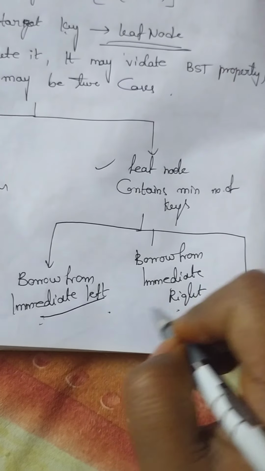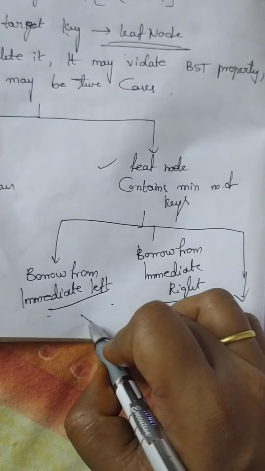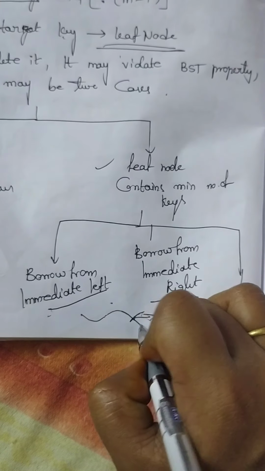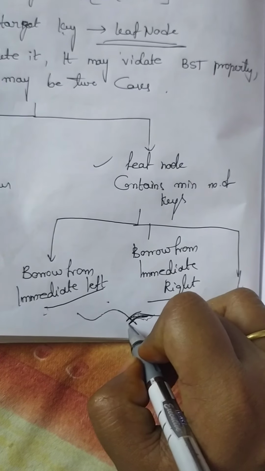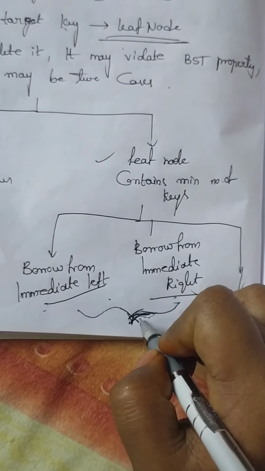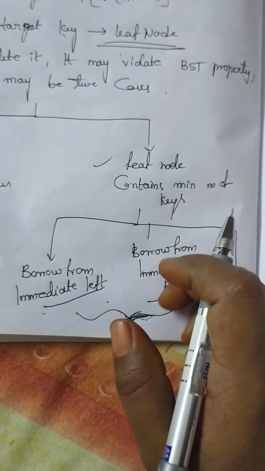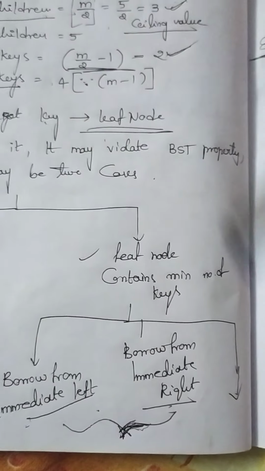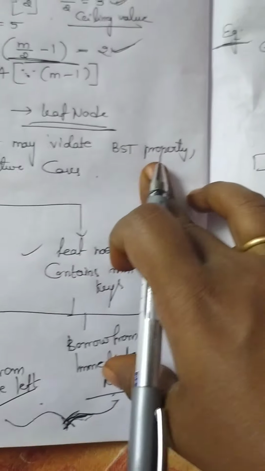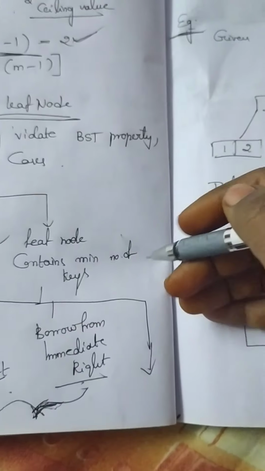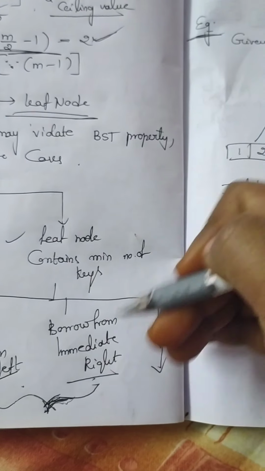Borrowing from the immediate left or immediate right happens only if the sibling has a sufficient number of keys. Only if it has more than the minimum number of keys will it give its surplus key to the sibling which borrowed it.